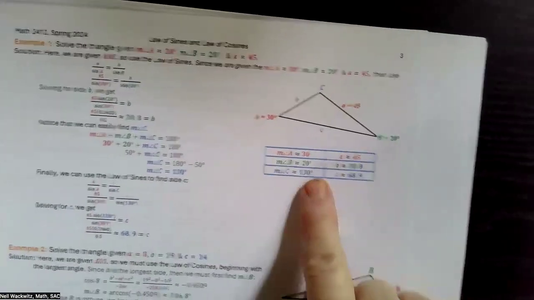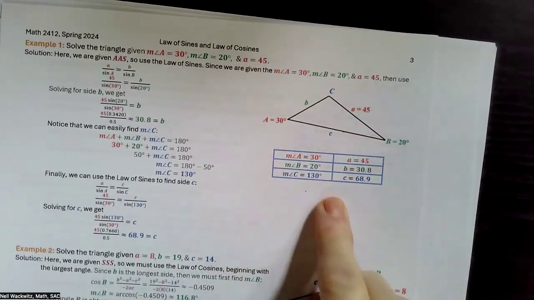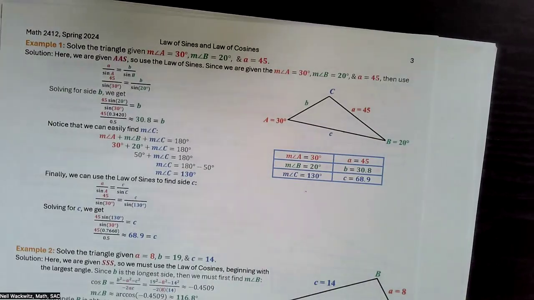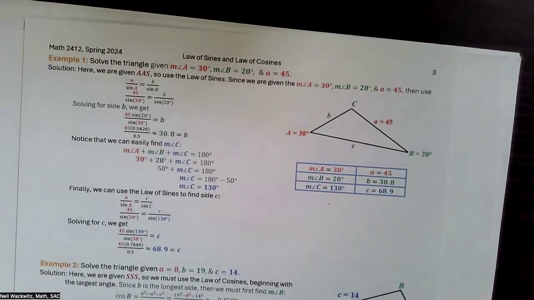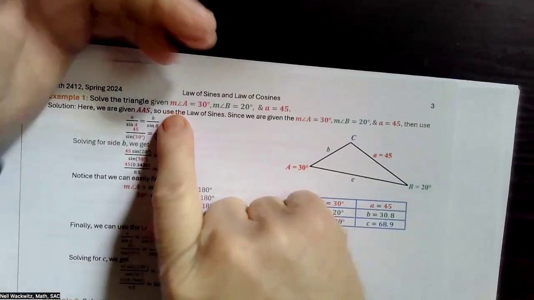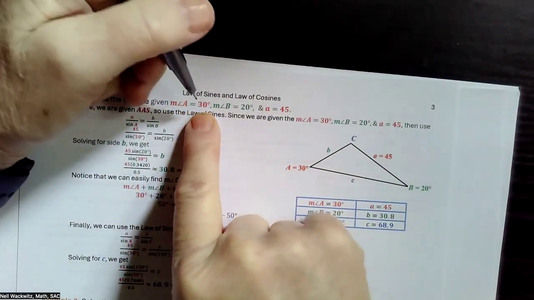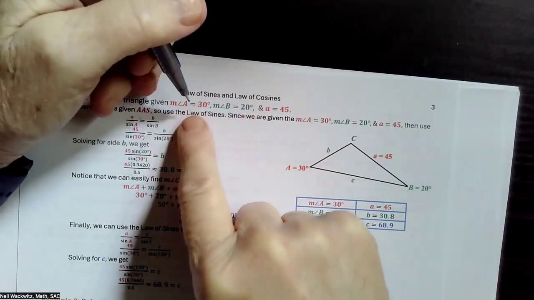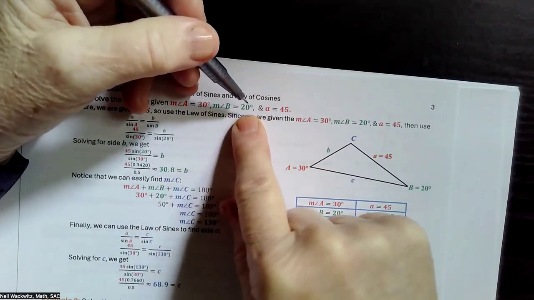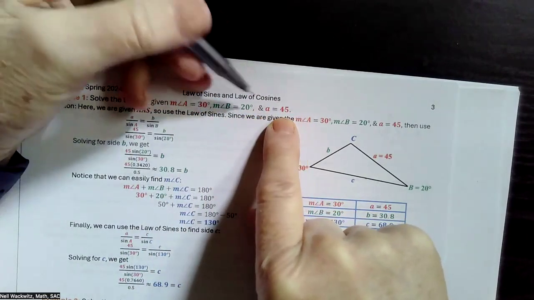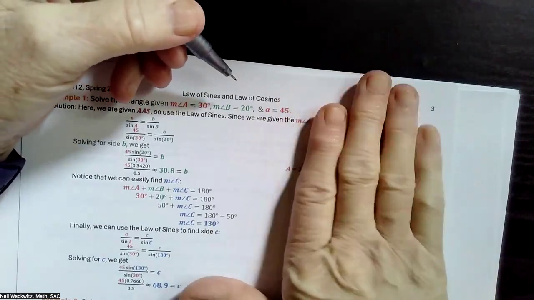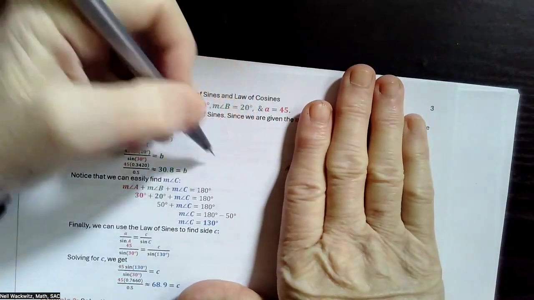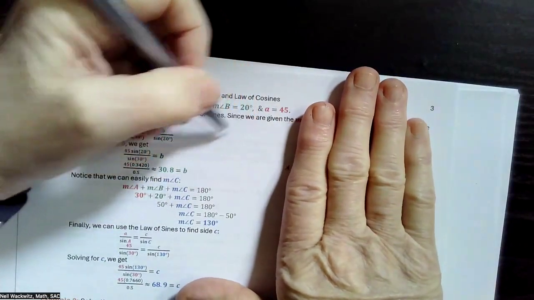And again, we'll give the final answer in a table so that we make sure we've got everything provided. So if I'm given angle A, angle B, and side A, even if I don't have this image, I'm going to draw the triangle.